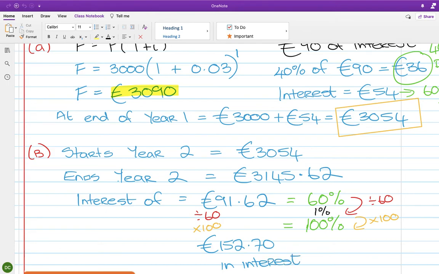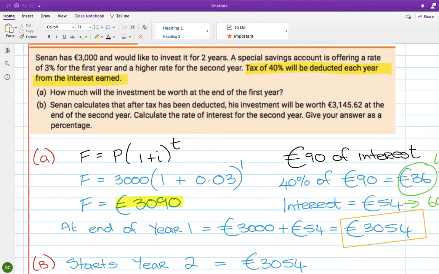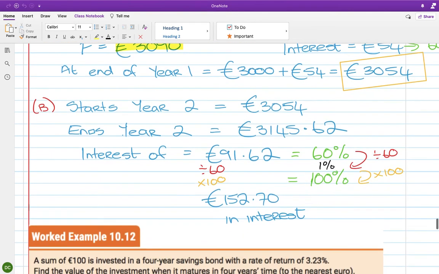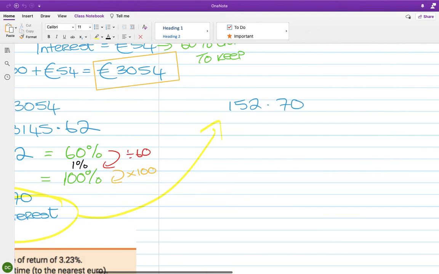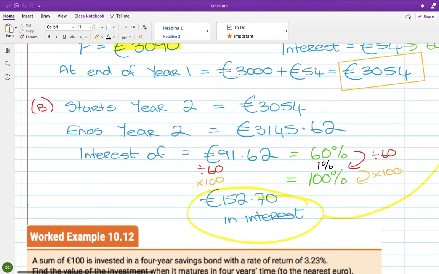Okay? And we need to calculate what rate that was. As in, so we know how much interest now, but what percentage does that number there represent? Okay, so he earned 152.70 of interest on, how much money did he take into the year? So that's how much money he started with.